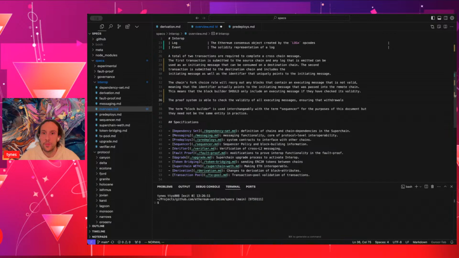Finality is when the data is posted, not when the proof system finalizes. There's a difference between inputs and outputs.